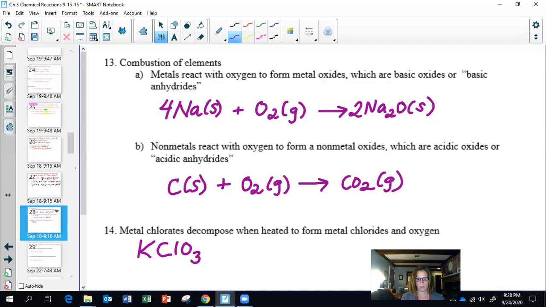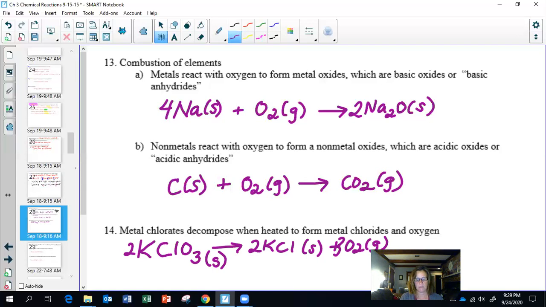We're going to form metal chloride and oxygen. And check for your balancing again and your phases.